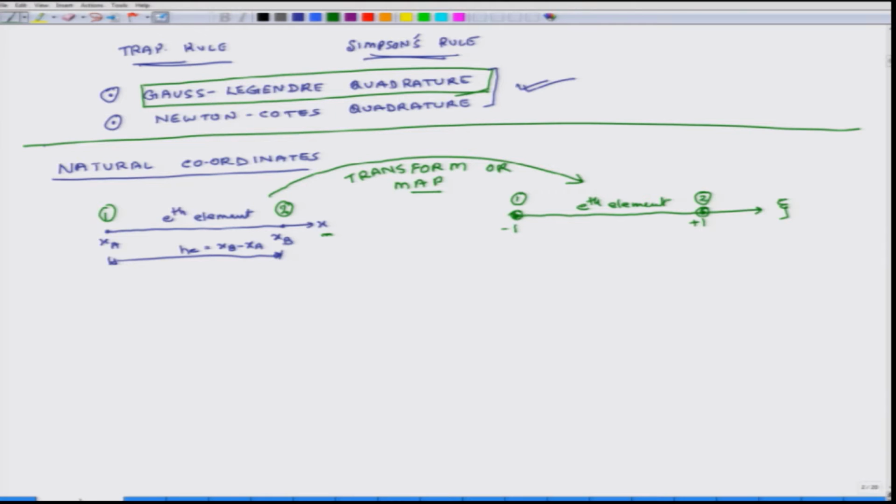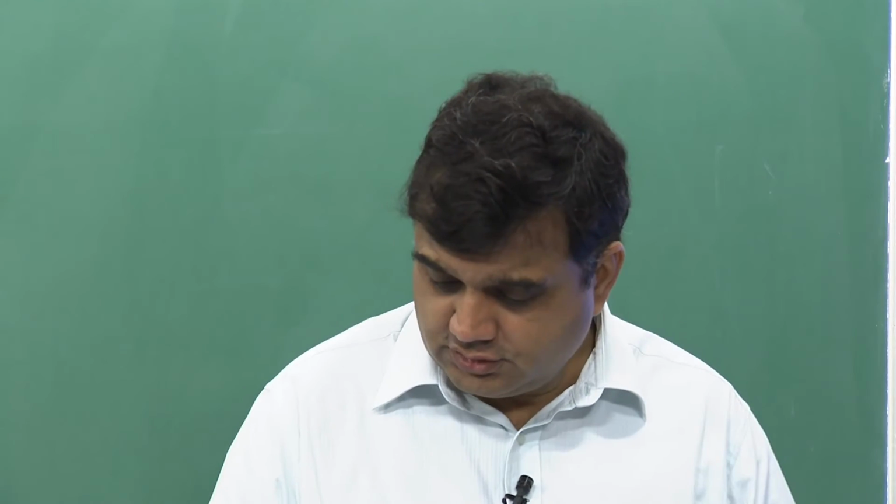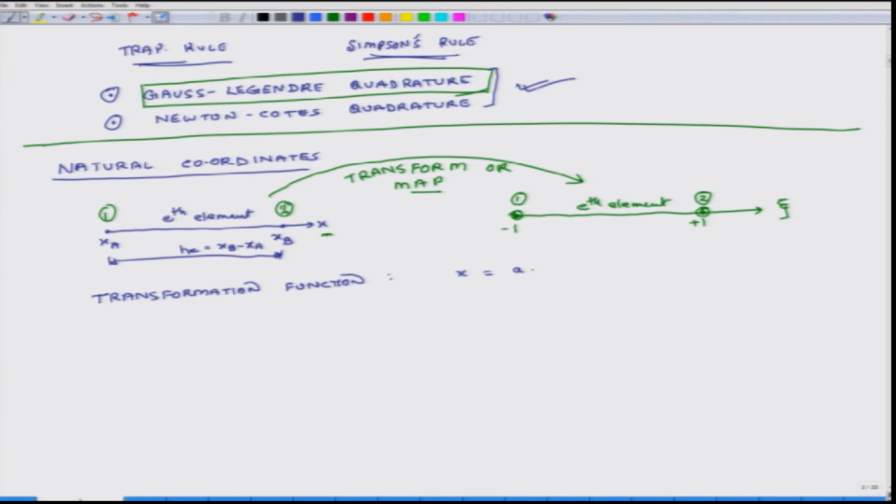This is my aim. To do this transformation, there could be a transformation function, and what does this function do? It connects zeta and x together through an equation. Let us say that equation is x is equal to a plus b zeta.